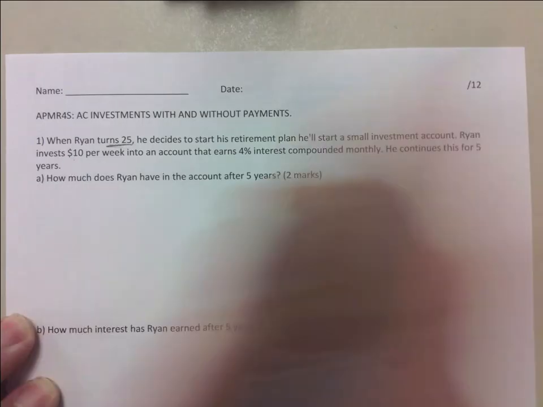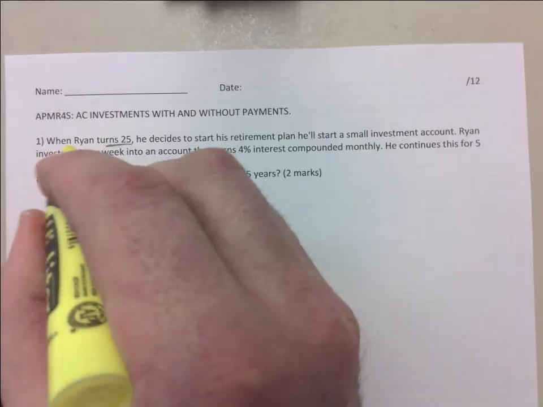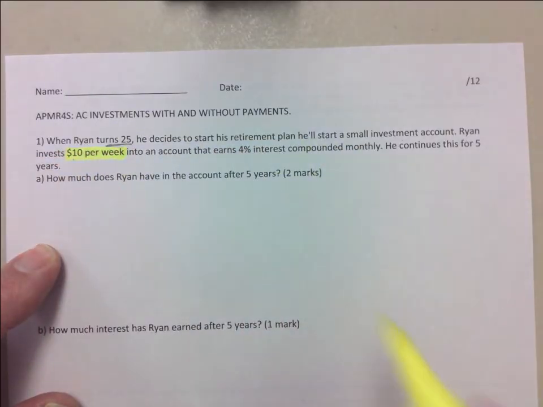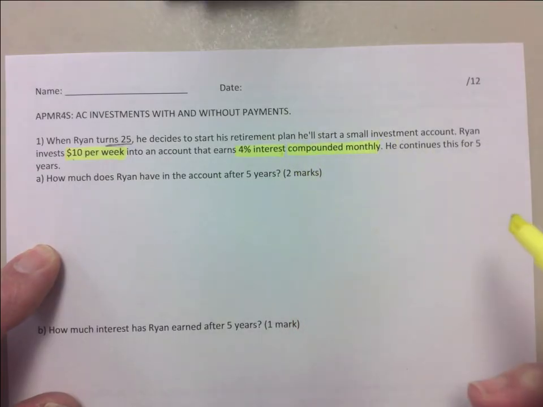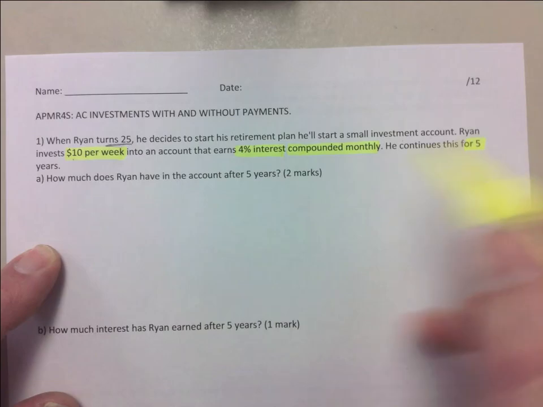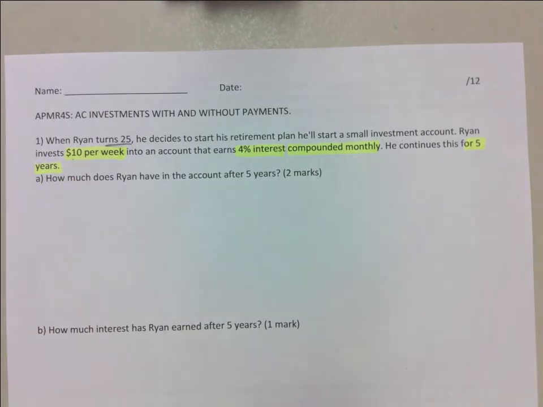Ryan plans to put in $10 a week. That is a regular contribution, right? At 4% interest, compounded monthly. And this is happening for 5 years. So he'll be 30 when this is done, right? Thea, did you do this, AC? No? Okay.